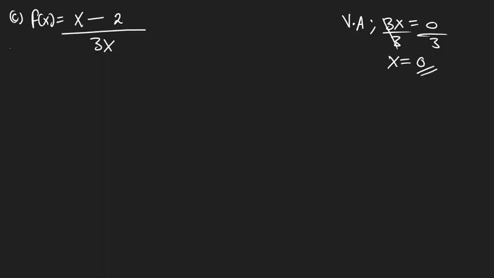Then what is going to be our horizontal asymptote? Who can tell us what our horizontal asymptote is in this particular question? Someone to just unmute themselves and tell me. It's 0. Horizontal asymptote is 0.